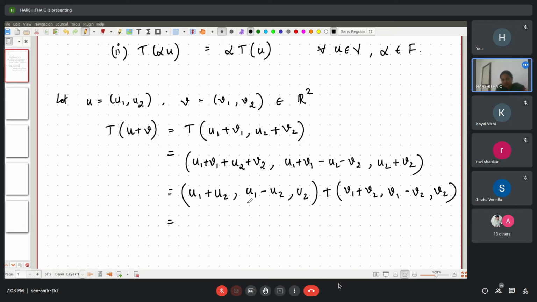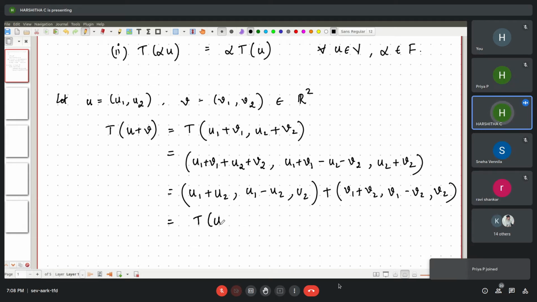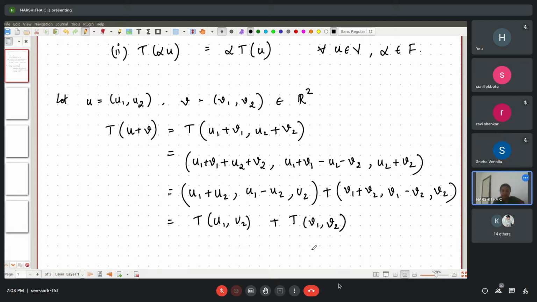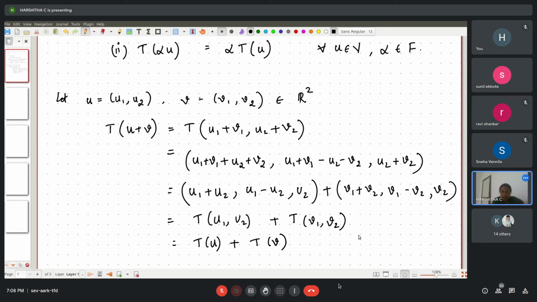You'll see that the first term is nothing but T of u1, u2, and the second term is nothing but T of v1, v2. So this is T of u plus T of v. This verifies the first condition of the linear transformation.